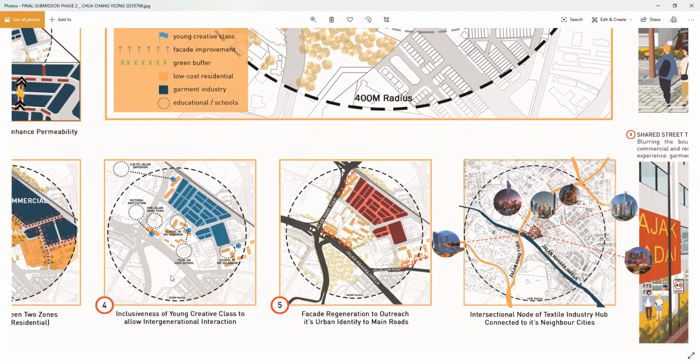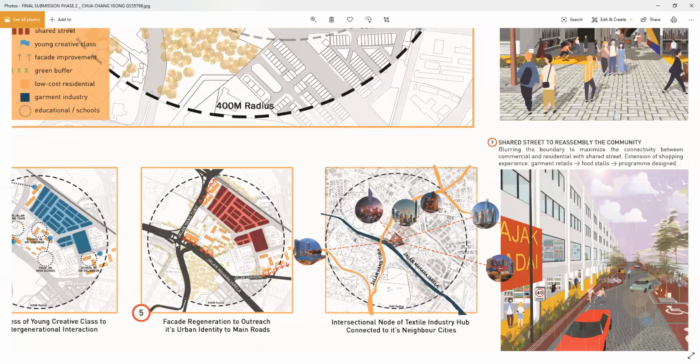I'll propose some educational programs where the empty shop lots can be utilized by young people, giving them job opportunities to run a garment-related program, for which the existing garment industry could be their supplier. Then they can serve and reach out to the schools, the kids, and also the older residents here to improve their skills. Okay, that is my purpose.